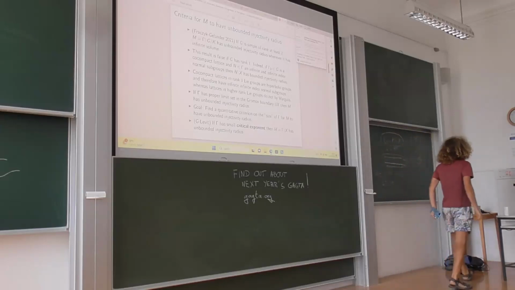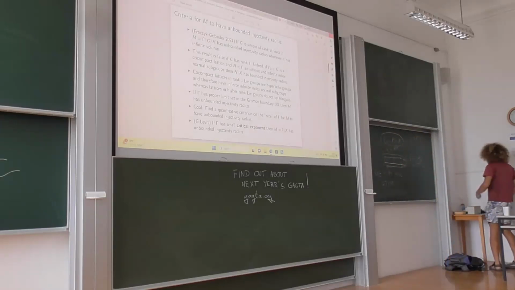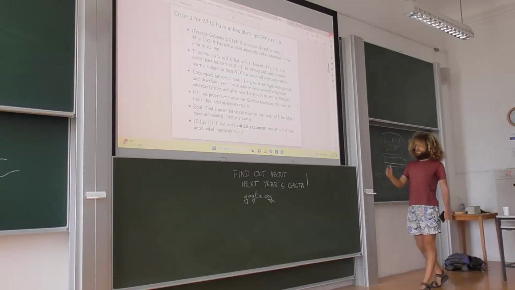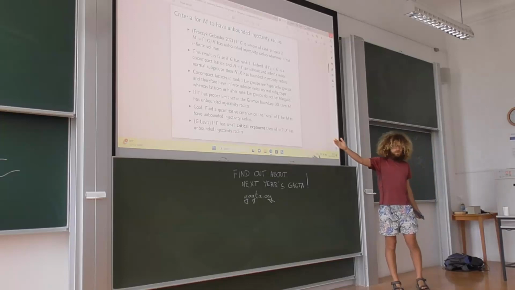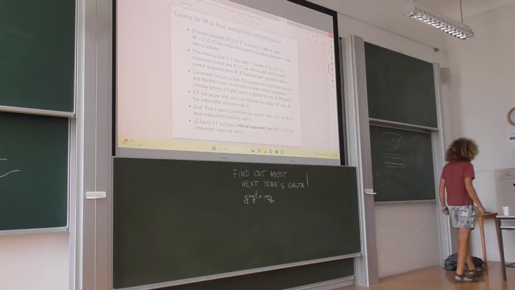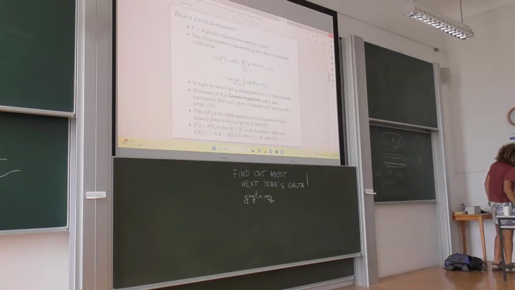And we found it in terms of the critical exponent, the exponential growth rate of the group. We showed that if Gamma has a small critical exponent, then X mod Gamma has unbounded injectivity radius. So what is the critical exponent?